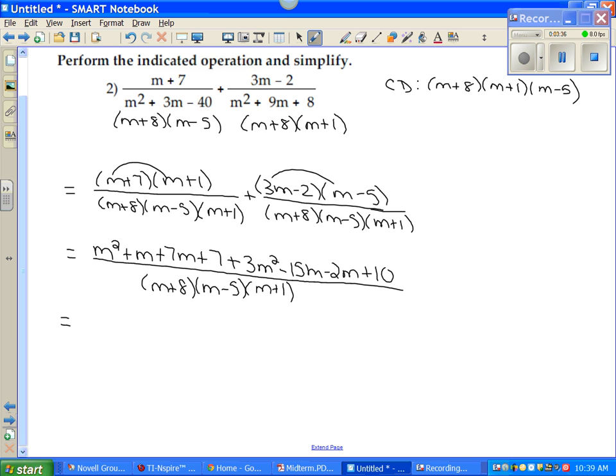Yeah. So we've got m squareds. We have m's. And we have constants. 4m squared. 8m minus 17m minus 9m, yep. And then plus 17.